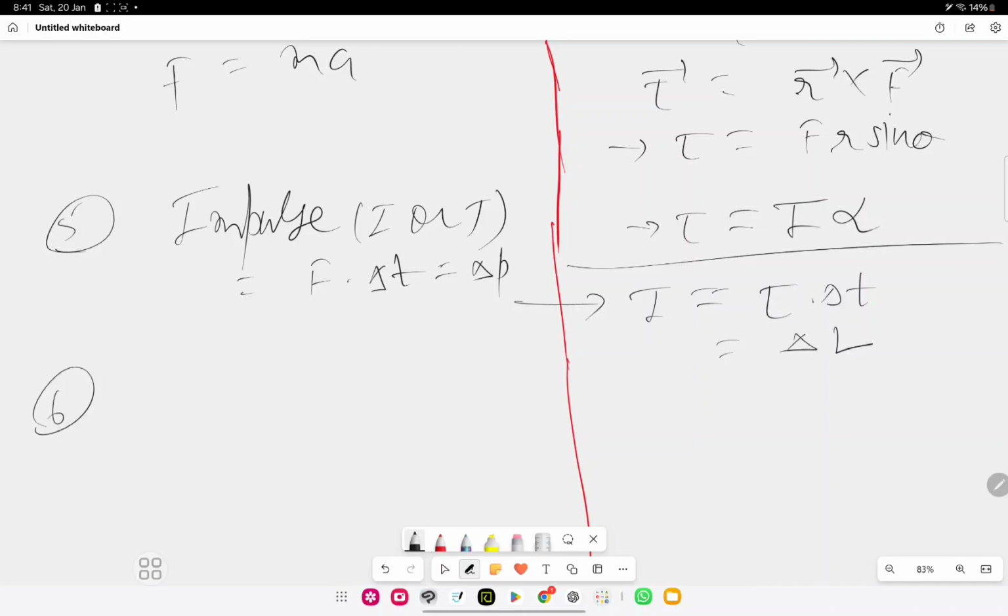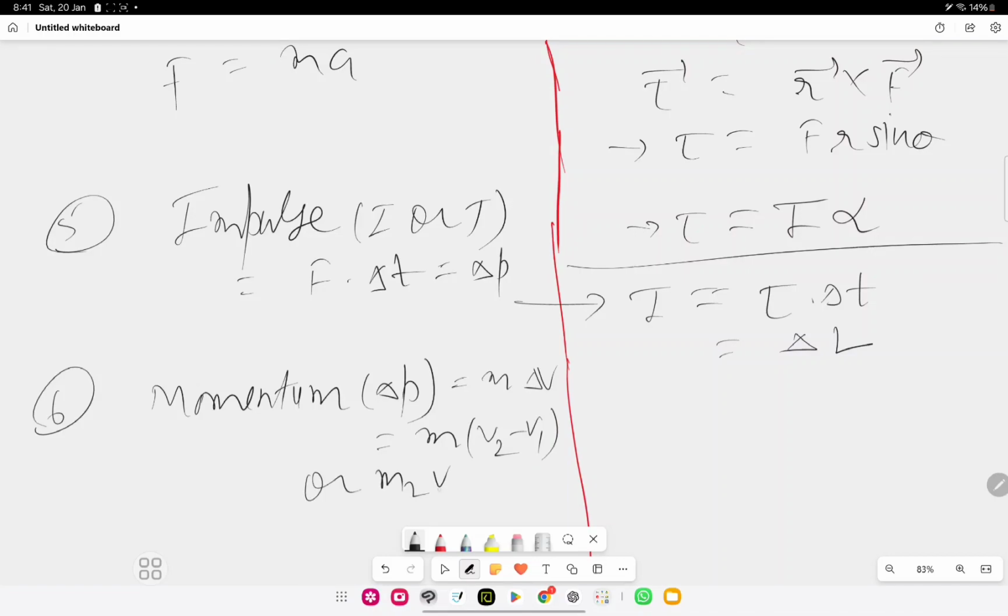Change in momentum in linear motion we write m delta v, or, if mass is constant, m into v2 minus v1. If mass is variable, then we take m2 v2 minus m1 v1. This is the change in momentum.